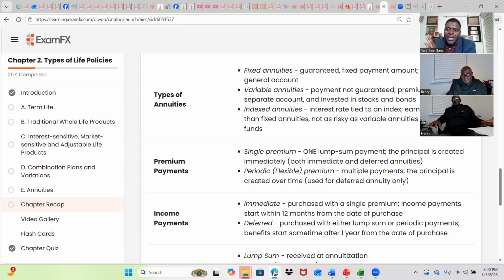Full Social Security is about either 65 or 67. With your 401k plan, which is your retirement plan from work, you can start withdrawing from it without a penalty at age 59 and a half. So the 401k plan and Social Security are two different things.